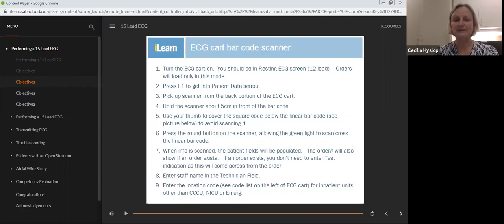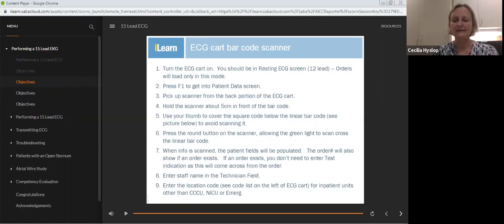The most important thing is that you have two patient identifiers. So you have the patient name, date of birth, or MRN number, two patient identifiers. And if we don't scan the information properly, or we fail to put the information directly into Epic or into the 15-lead machine, then the information, or the 12-lead in our system, goes to the Muse database, which is within the Heart Center.